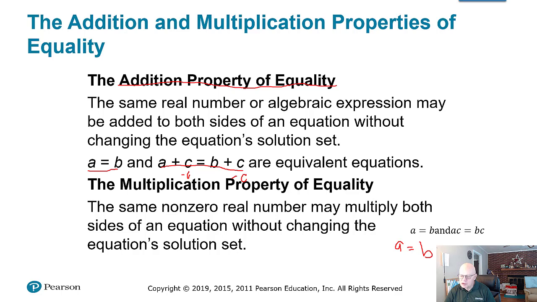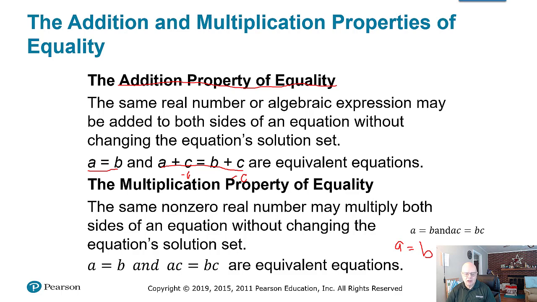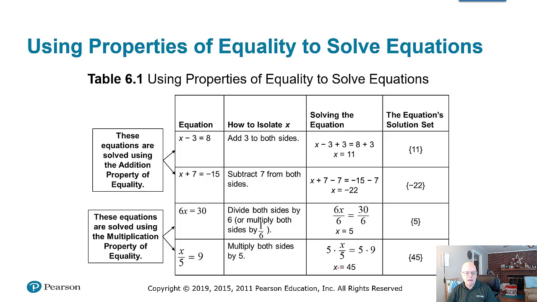In other words, we'll just multiply both sides by C and you have the same solution set or equivalent equations. There we go, that's a better one. Next, you can look through these. These give you some examples of how we actually work with these.